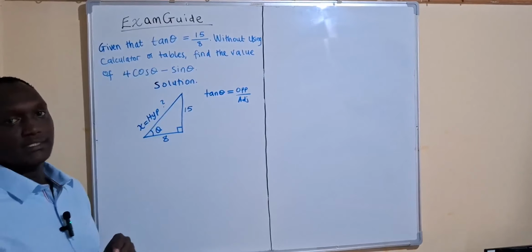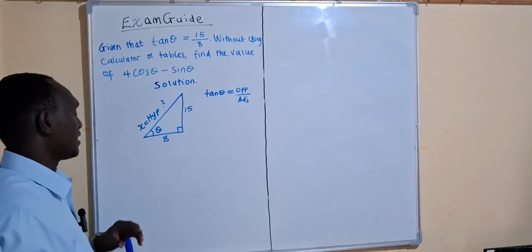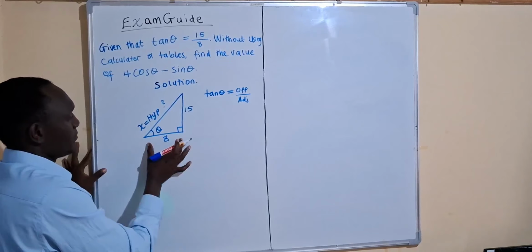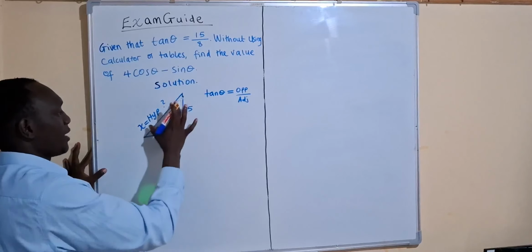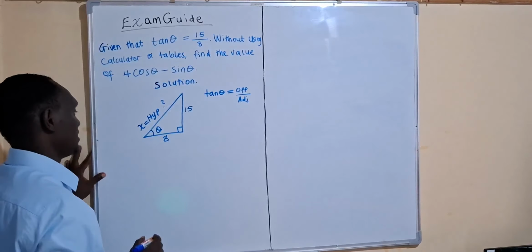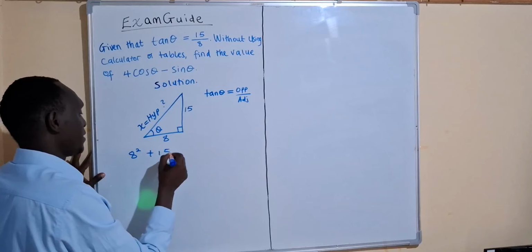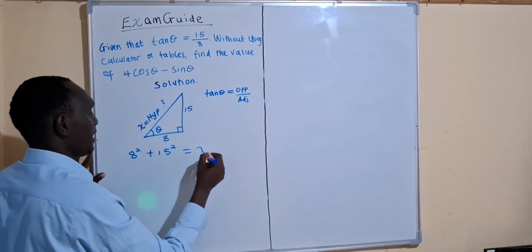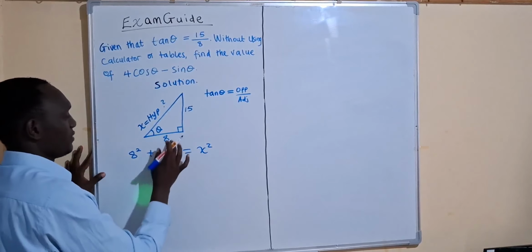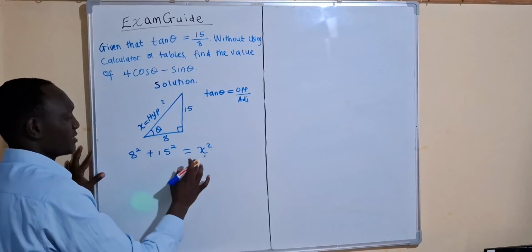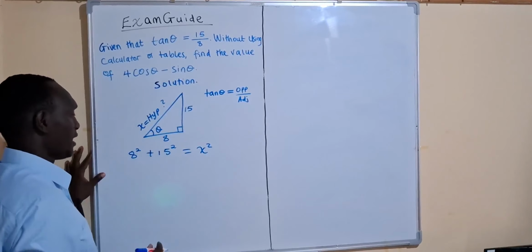We can get the hypotenuse by applying the Pythagoras theorem, which says the sum of the squares of the two shorter sides equals the square of the longest side, which we are calling the hypotenuse. That means 8 squared plus 15 squared equals x squared.